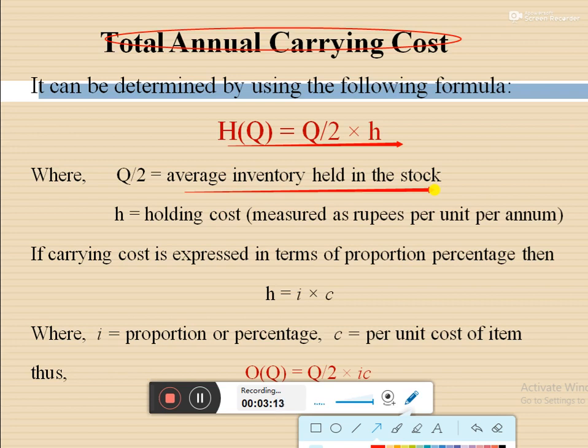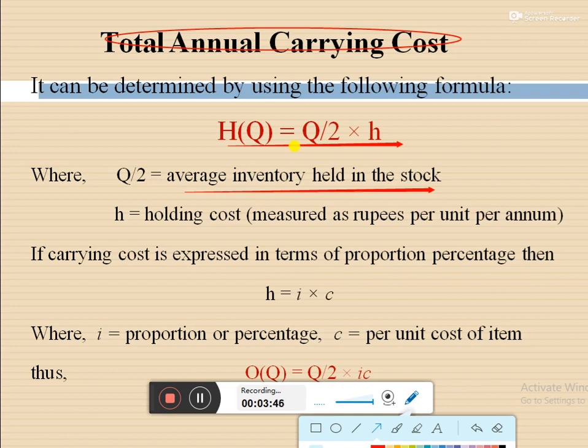And in the fixed order quantity system, the minimum inventory kept in stock is equal to 0 and the maximum inventory kept in stock is equal to Q, that is the order quantity. So order quantity is multiplied with H, that denotes holding cost, which is given in terms of rupees per unit per annum.